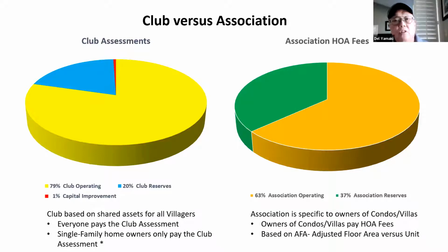AFA stands for adjusted floor area, and it's basically based on the square footage of your home. As we go through this, you'll find that on the club side you have operating and reserves, and on the association side you also have operating and reserves. Let's go to the next screen.